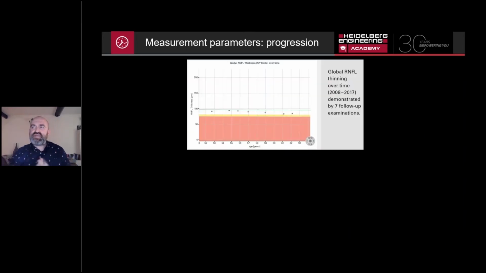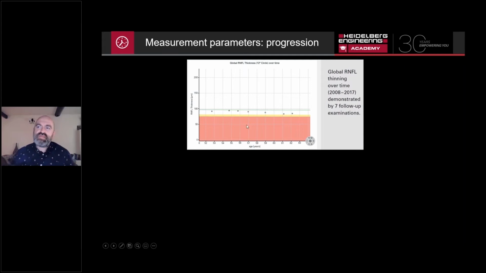So looking at this data in graphical form is absolutely essential and very useful for looking for changes in progression, but we also need to be cautious in other areas. What you can see here, and this is actually the same case, is over time, this patient's global RNFL thinning, but not quite enough to push it down into the red.